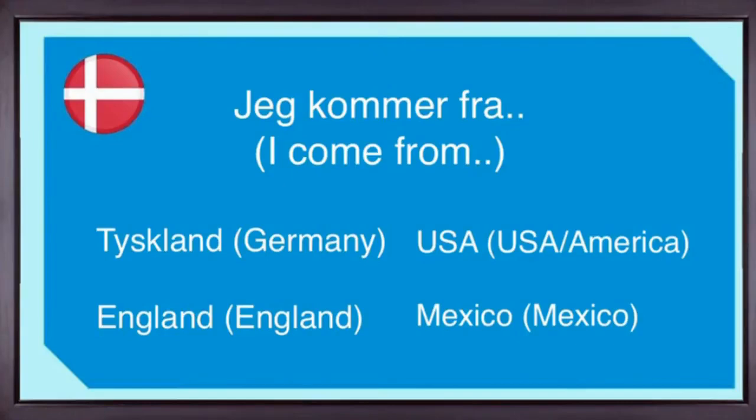America. Mexico. Alright? So, as you can see here, this is basically a pattern. Jeg kommer fra. And then you can add whatever. That is the point of the entire video. That I show you how to start or end a sentence. And the rest you figure out. Because this is a good way to practice. Alright.